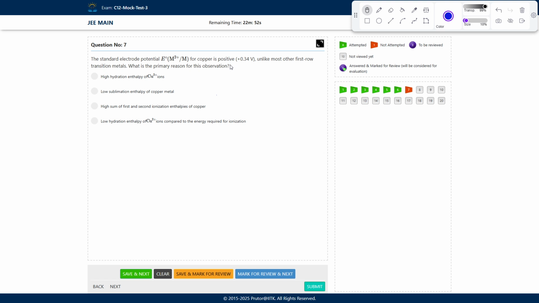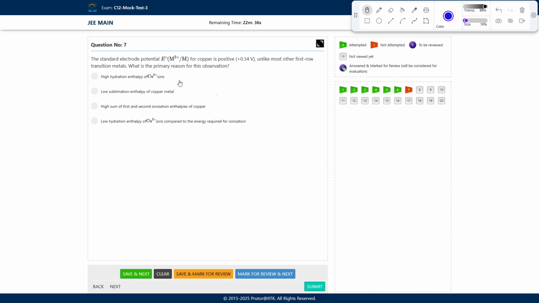Only copper is the element that has a positive standard electrode potential. You have to tell what the primary reason behind this observation is.